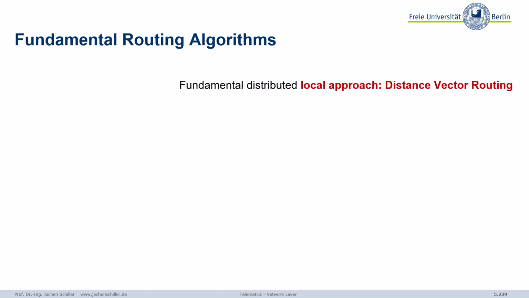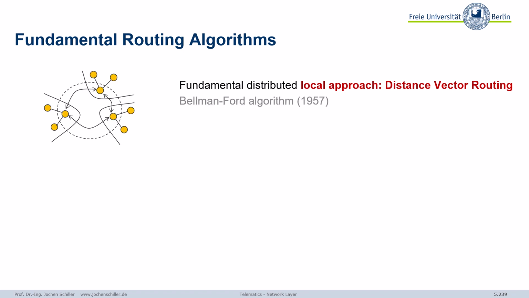Okay, so now let's have a look into the fundamental approaches we have in the internet. We have a fundamental distributed local approach. Distributed means that all the nodes participate, but the approach operates in a local fashion. That is distance vector routing, based on the Bellman-Ford algorithm from 1957. We will have a close look into this.